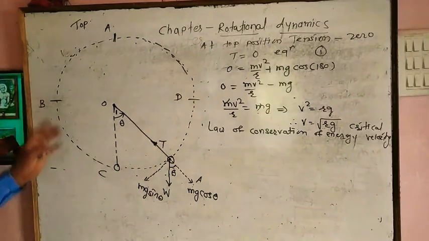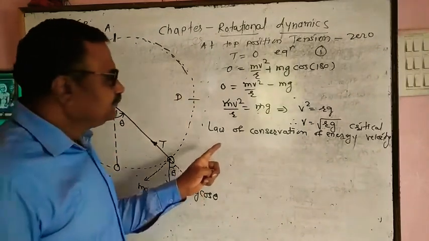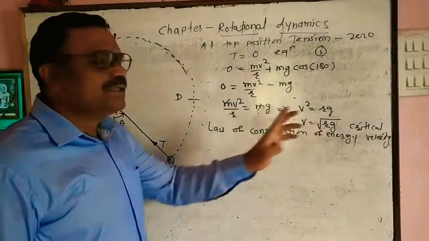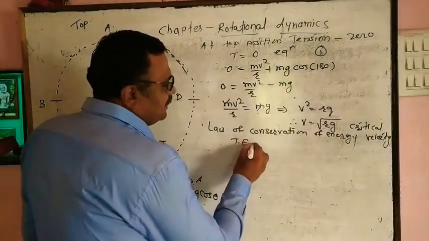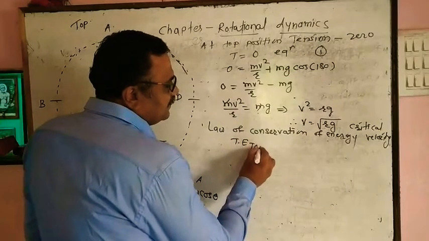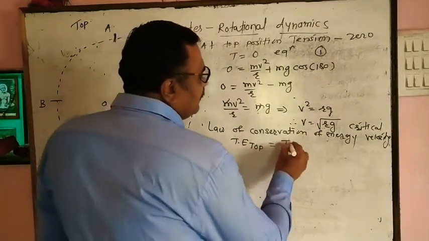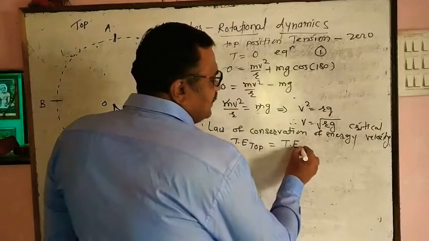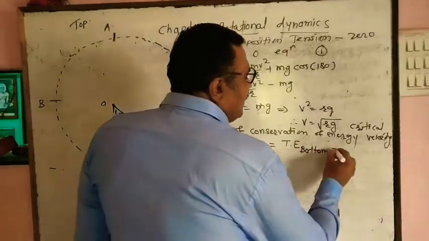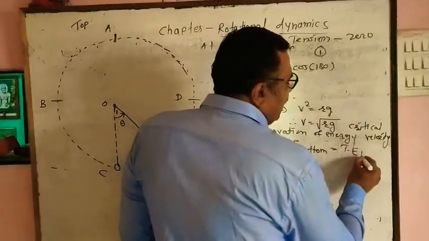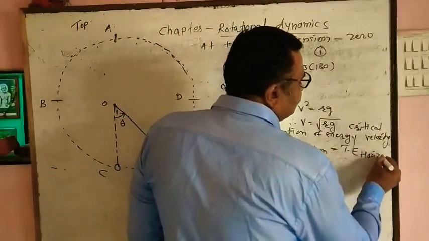Total energy of the particle at the top position is exactly equal to total energy at the bottom position as well as total energy at the horizontal position.